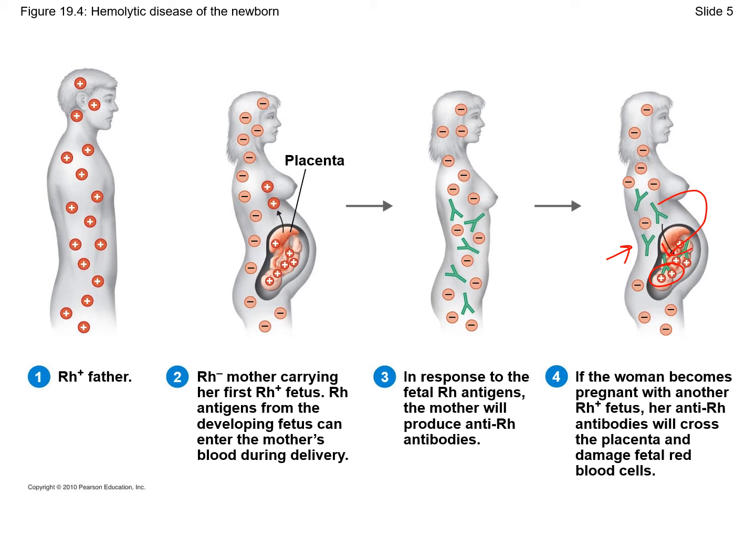The IgG will go into the baby's circulatory system, and it will bind to the Rh positive red blood cells, agglutinating them, activating complement, which will cause opsonization, inflammation, systemic inflammation in the baby's body, and will lyse the baby's red blood cells. All of these reactions often lead to miscarriage.